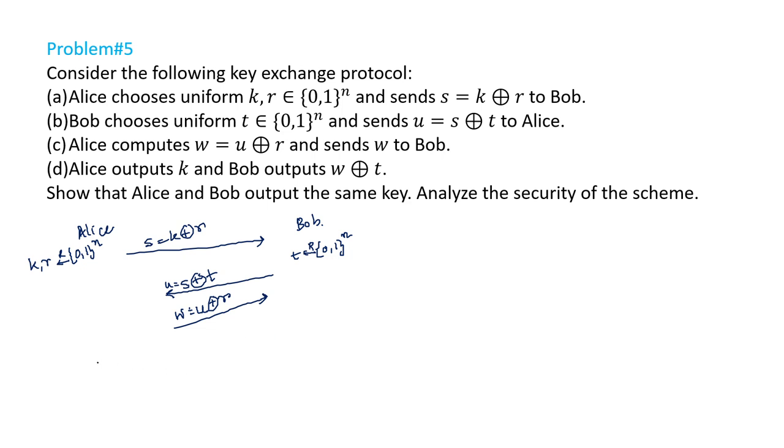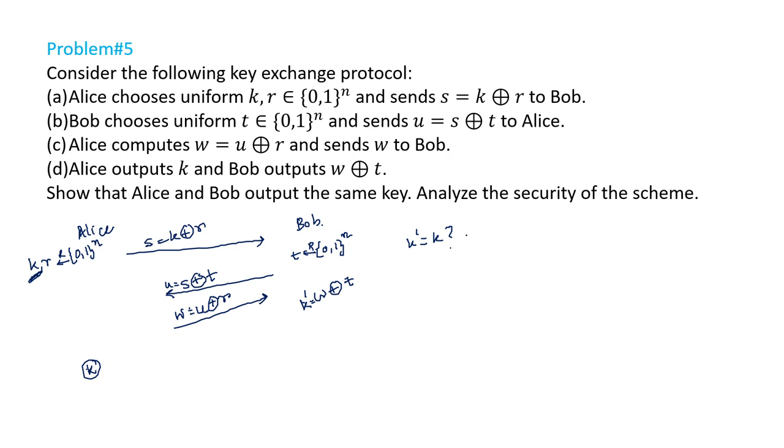Alice outputs K, since K was chosen by Alice only, so Alice already knows K, and Bob outputs W XOR T as the key. Now we have to check for correctness, whether K dash is equal to K or not, because at the end of the key exchange protocol both parties should have the same key.